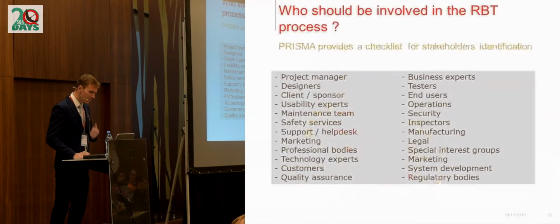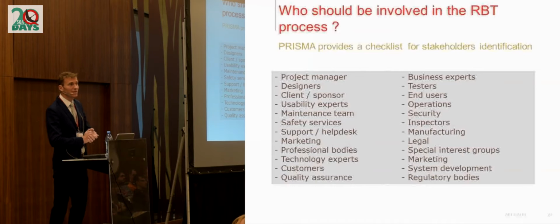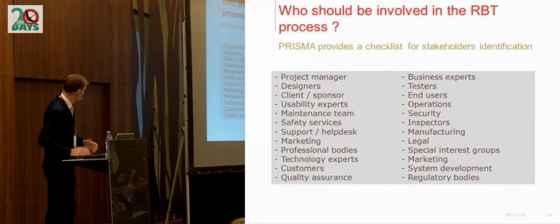And in the PRISMA approach, there's a checklist which can be useful if you don't know exactly who to ask to participate. There's a checklist of different kinds of people who are supposed to be useful to help you to create the list of risk, like the client, usability experts.